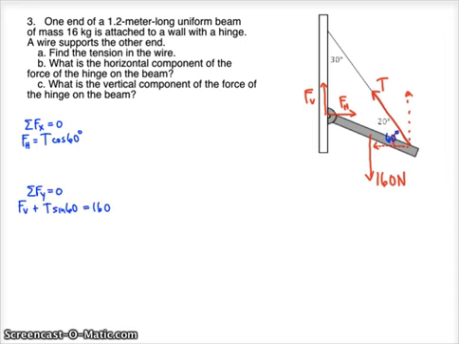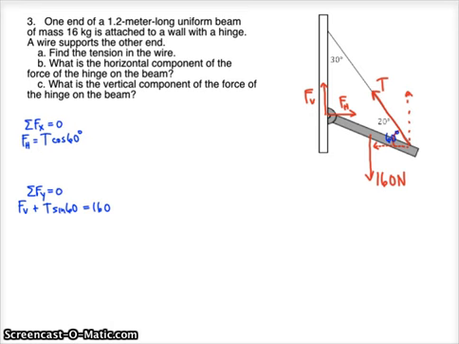And so in this case, we can say that the vertical components of our various forces, the F sub v and the T sine of 60, together will have to equal 160. So it's always good to jot these formulas down. They're often used for a later part of a problem. If you're only asked about tension, you don't really need to write them down, but if there's something more that you'll be asked to do in the problem, we may as well get it all organized.